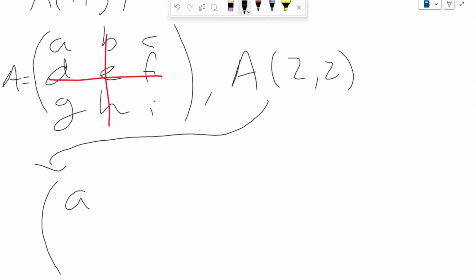So we're just left with a, c, g, i. That's not too bad, I would say.